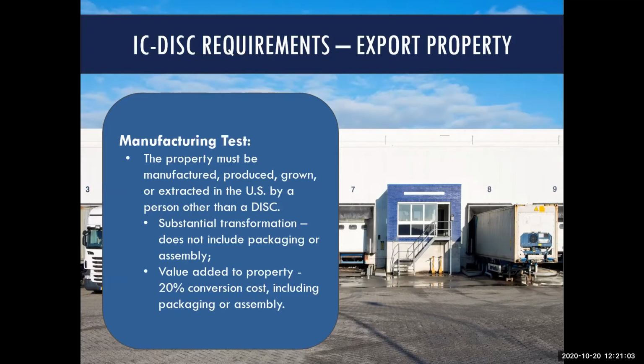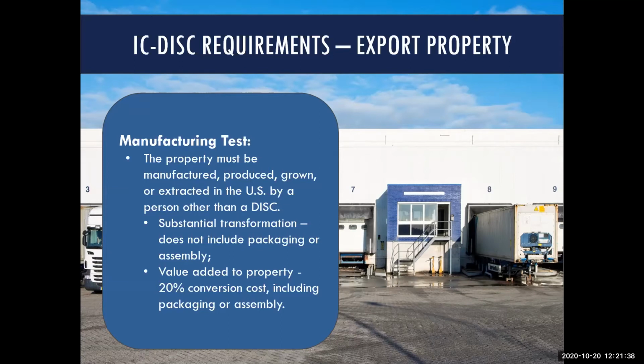So essentially you're taking a raw material and converting it into a finished good, or you're substantially transforming one product into another product. Examples that the Treasury regs give are that you convert steel rods into bolts, or you convert wood pulp into paper. The second is you're adding value to existing property, which is done through essentially a 20% conversion cost.